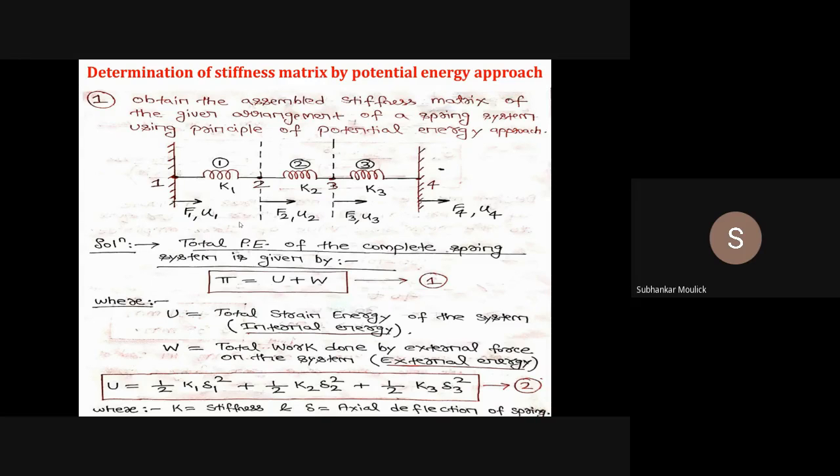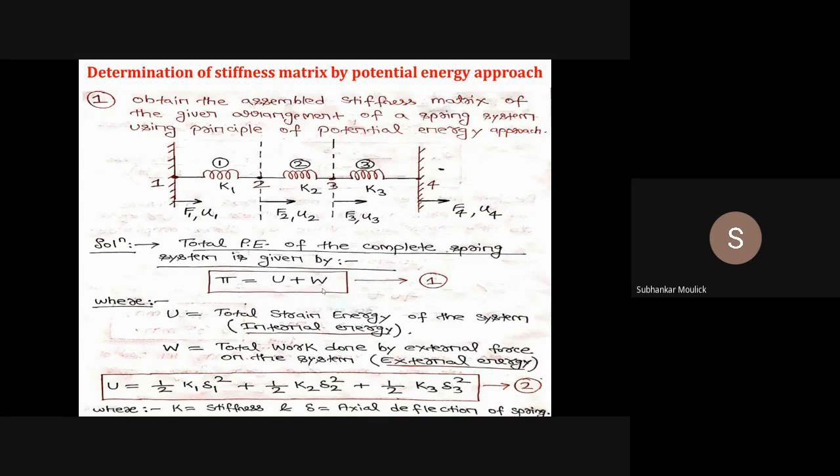It is very clear that the external work done comprises only point load. You can see point loads acting at nodal points 1, 2, 3 and 4. So these point forces are responsible for the total work done.